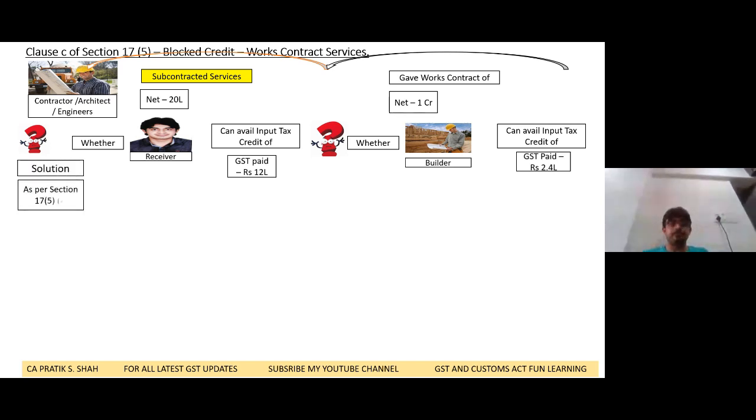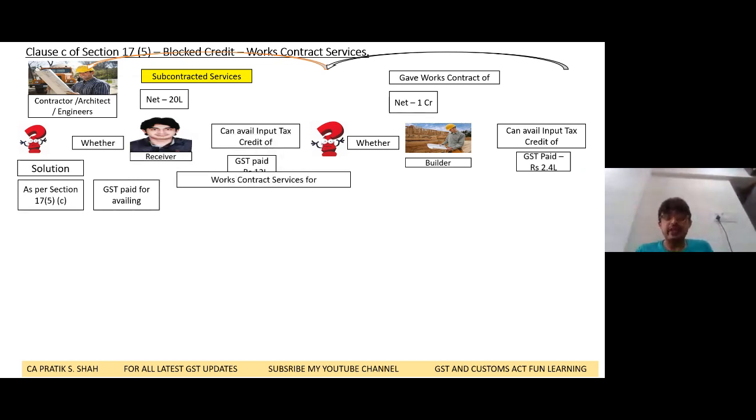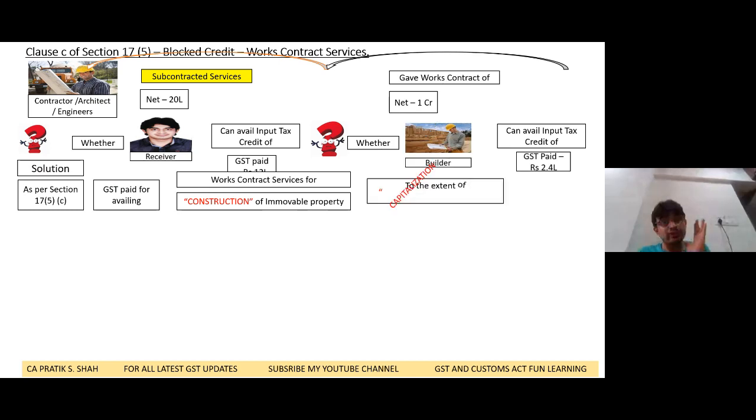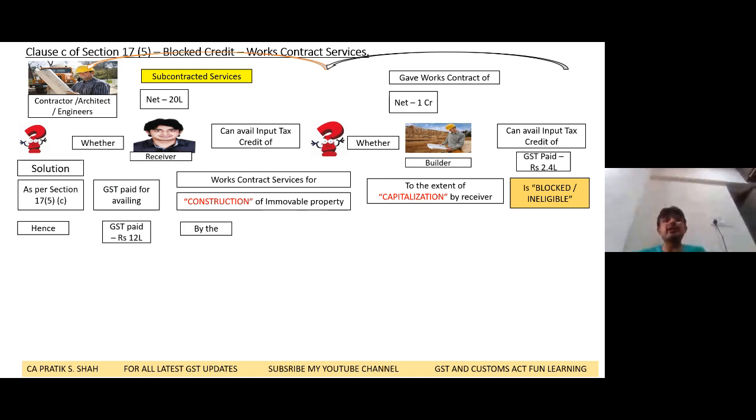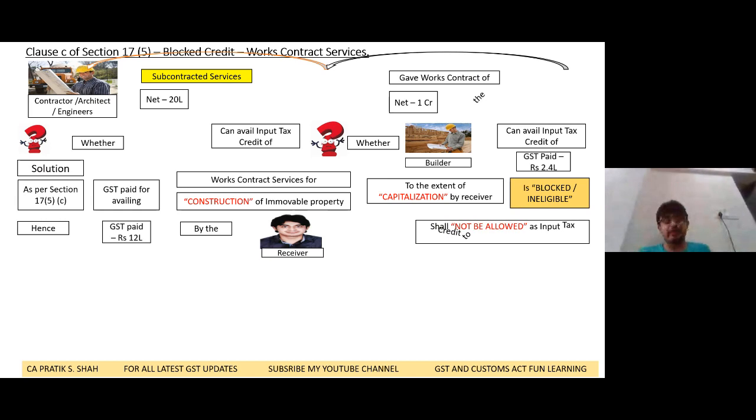Listen. As per 17(5)(c), GST paid for availing works contract for the construction of immovable property is blocked. Hence, whatever GST I have paid of 12 lakh rupees to you, I cannot avail the ITC, because I have taken works contract from you.